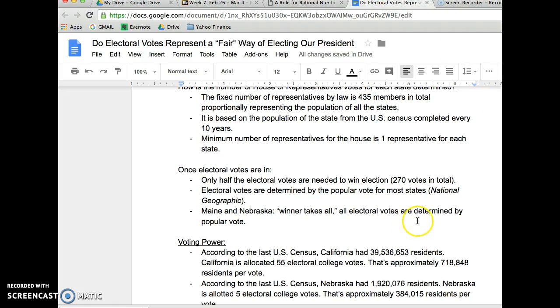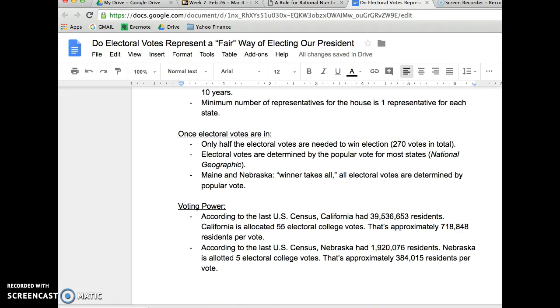So, what happens once the electoral votes are in? The candidate needs 270 votes in total, and a lot of states have adapted this winner takes all, or the popular vote determines the electoral votes. Especially Maine and Nebraska, they do have that winner takes all kind of methodology where the electoral votes are determined by the popular vote.